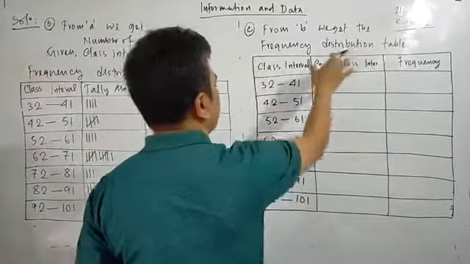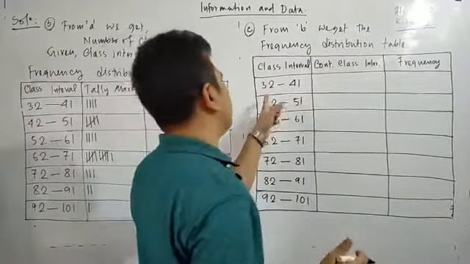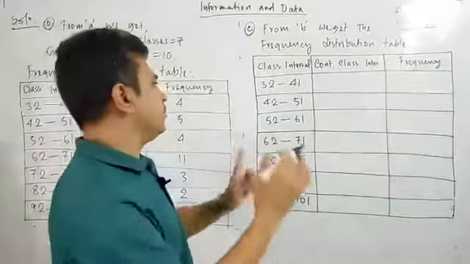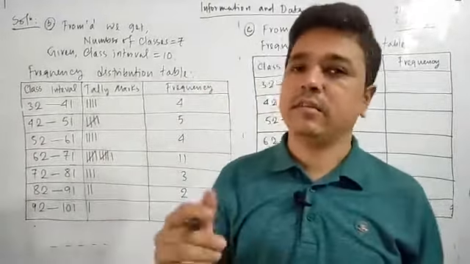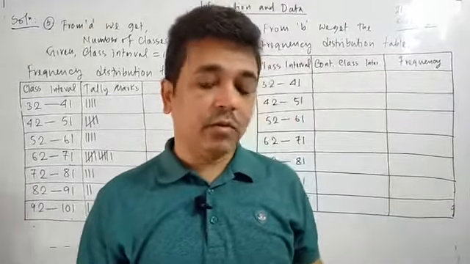And we are transforming this class interval into a continuous class interval. How do we convert to a continuous class interval? That is the question you of course have.